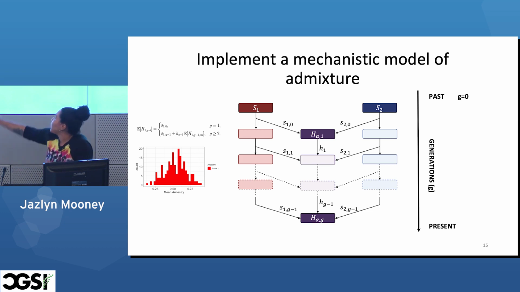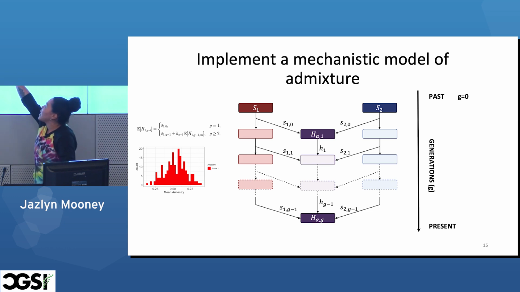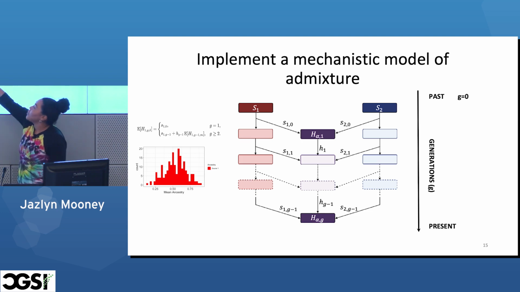And so I just want to say for the present, if we're looking at our admixed population, this alpha value is just denoting the autosomal ancestry fraction from either population. So alpha can either be 1 for S1 or 2 for S2. And that's in an individual from population H in generation G.